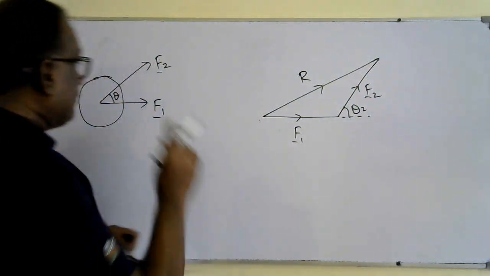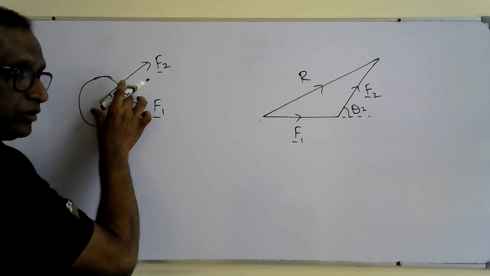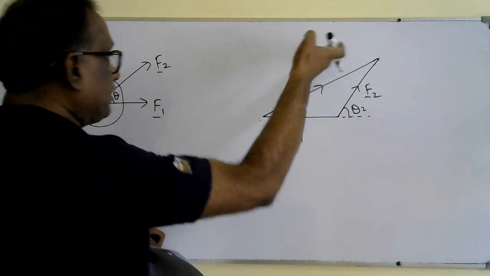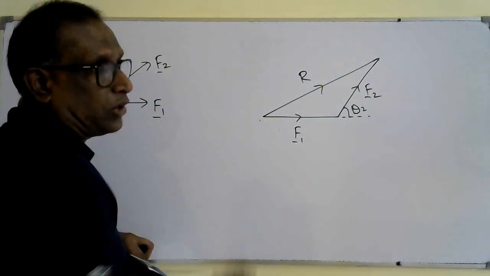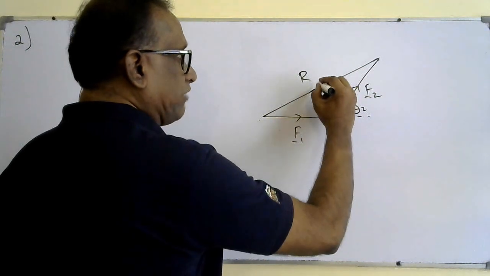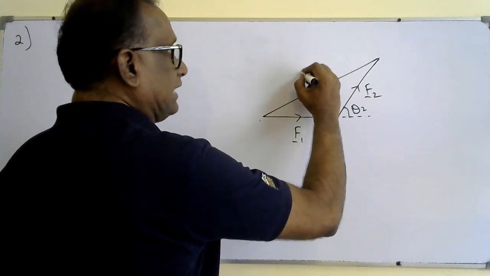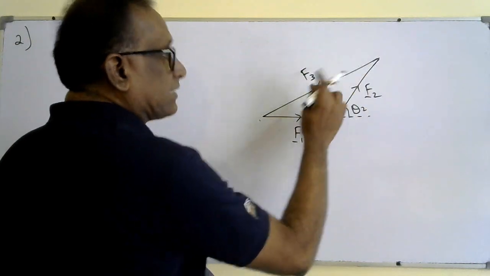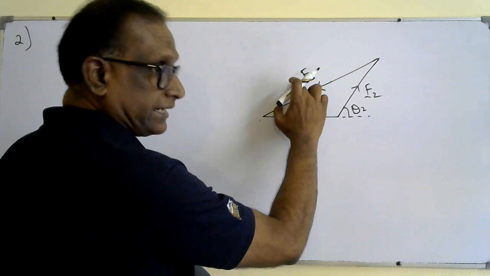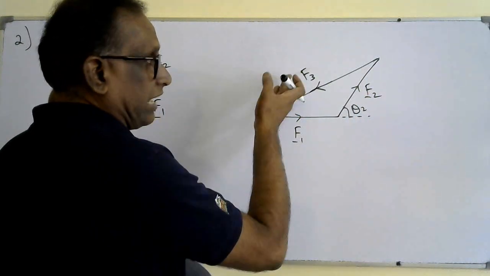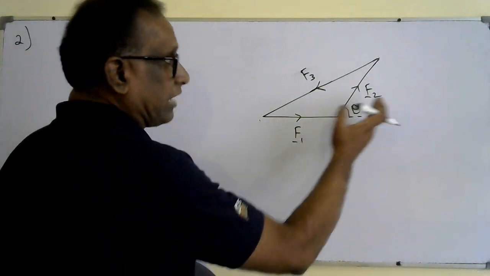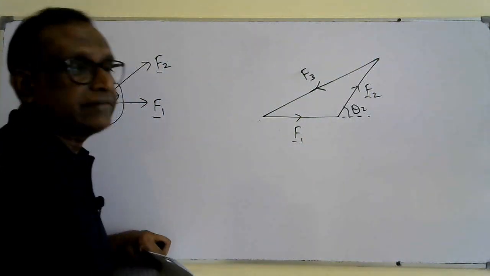So if you want to keep this in balance or equilibrium, you should apply the third force along the same line of action of the resultant in the opposite direction. So if you apply the third force F3 this way, such that the resultant of these two is equal to F3 magnitude wise, and the line of action of F3 is along the same line of action of the resultant of F1 and F2, the system will be at rest.